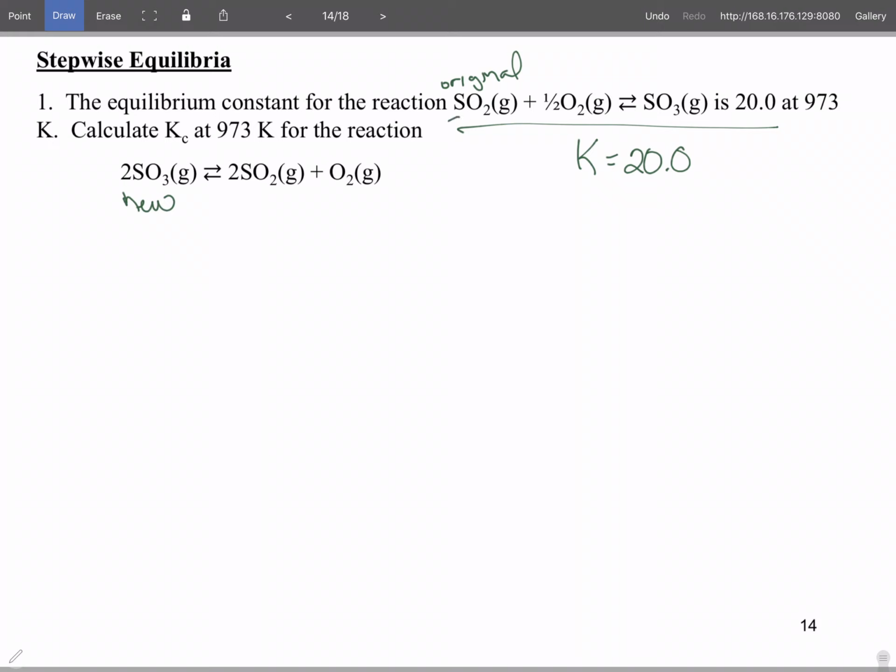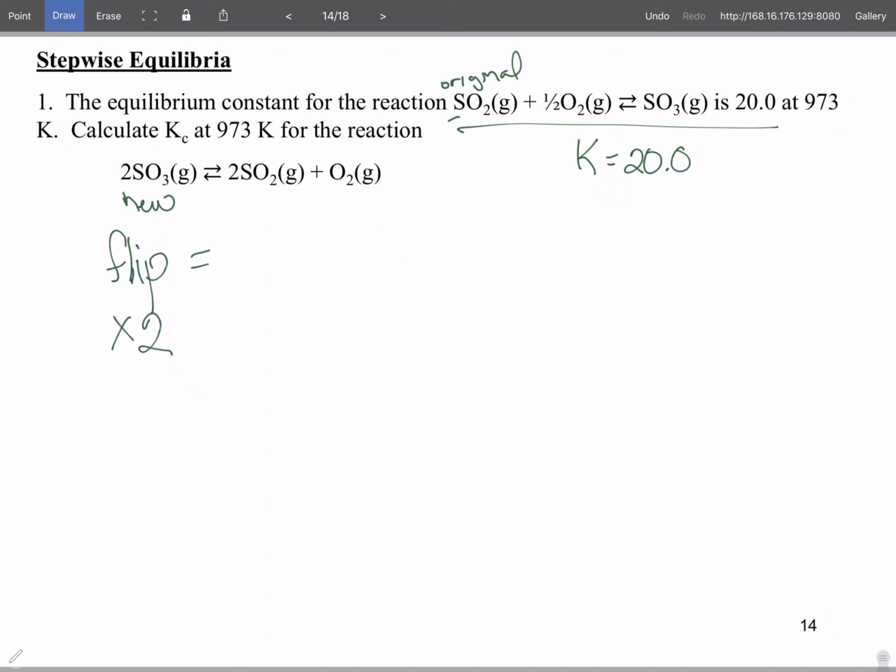Well, if you notice, SO3 was the product, so we flipped it. By flipping it, we made the reactants products and the products reactants. That was one thing. Now, the other thing is in that equation, we only had one SO2, half an oxygen, and one SO3. Now we have 2, 2, and 1.